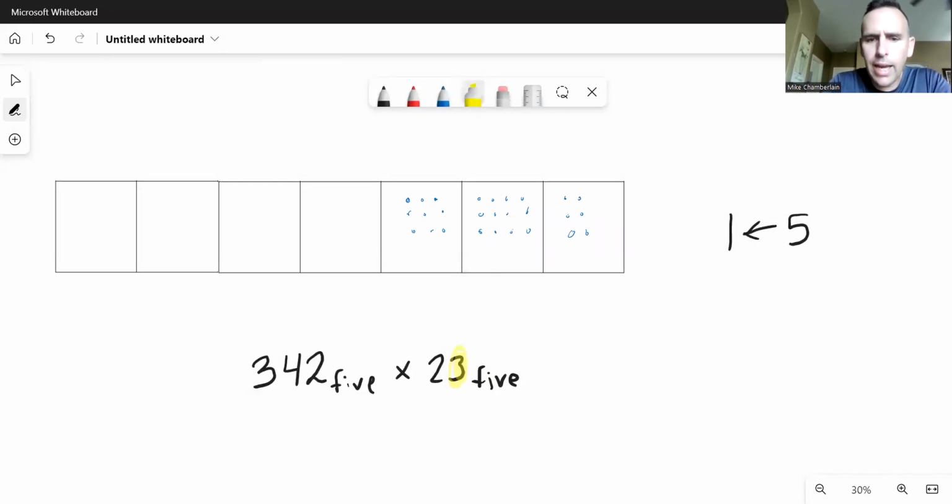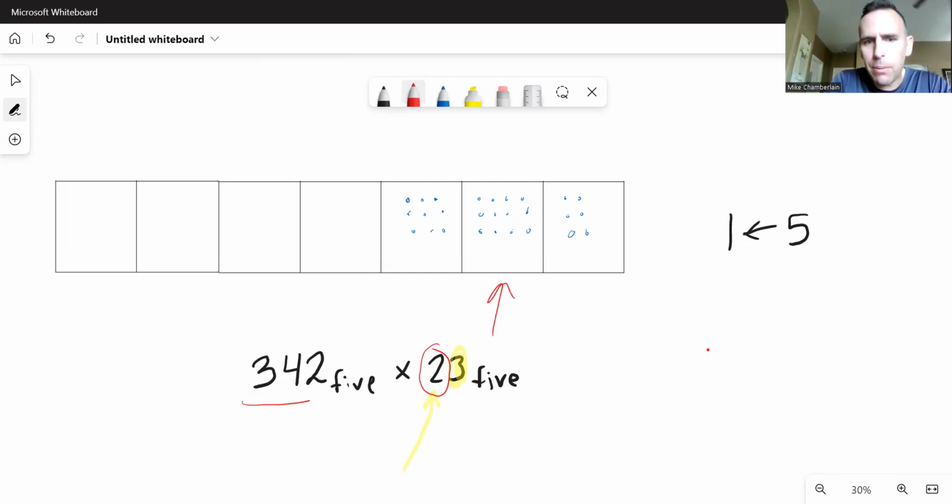Now I'm going to look at the fives place. I know it's tempting to call it the tens place or the second place. It's the fives place, right? Well, since I'm over one place value, what I can do is think about the number 342 moved over a place value because it's that many times bigger. And then I'm going to do two groups of those. So I'm going to do two groups of 342, but I'm going to do it here in this place value.